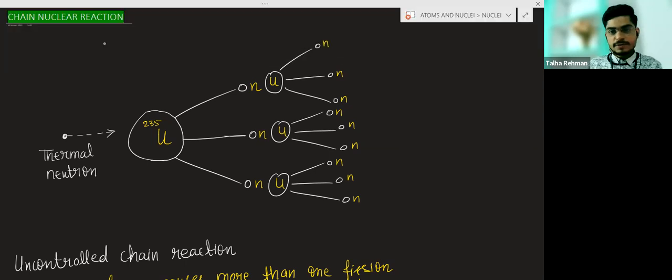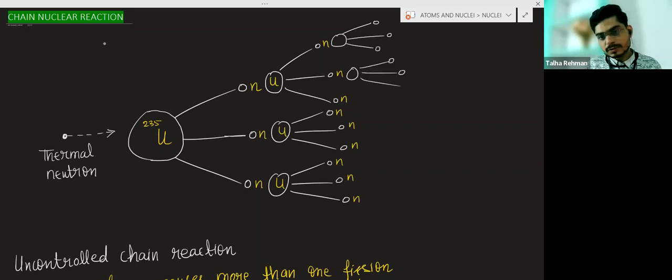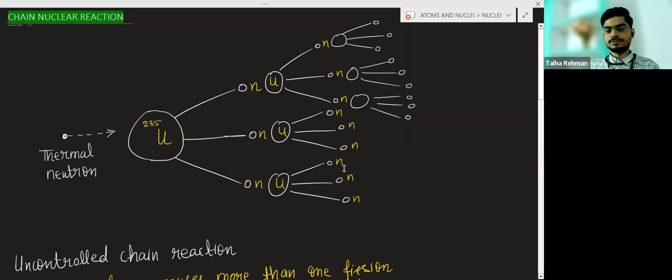Here will be another nucleus, and from that nucleus again 3 neutrons will be released. Here will be another nucleus, from that nucleus 3 neutrons will be released, and this process will continue. So basically this is a chain reaction.